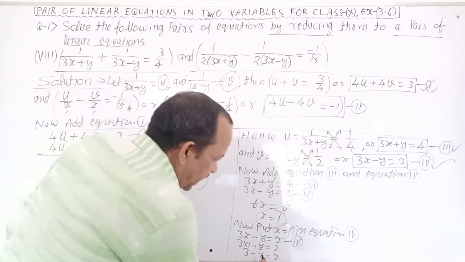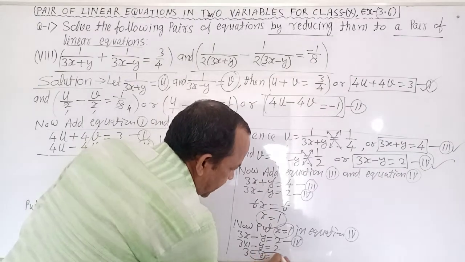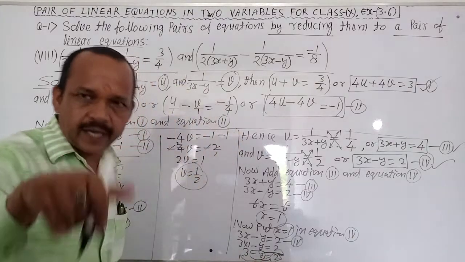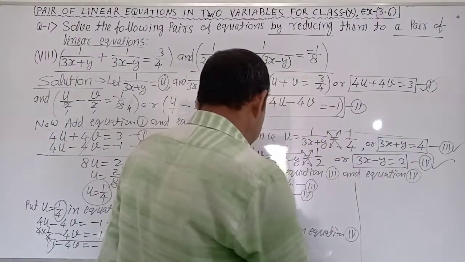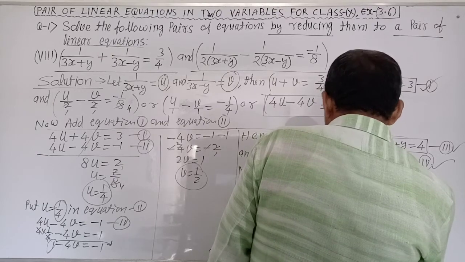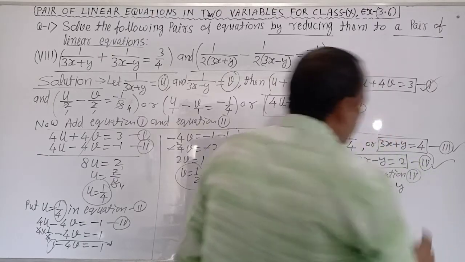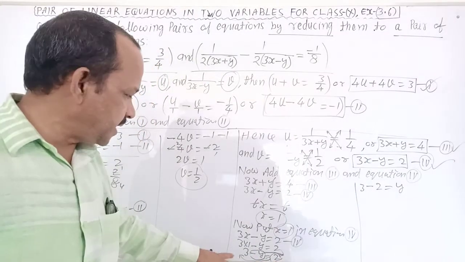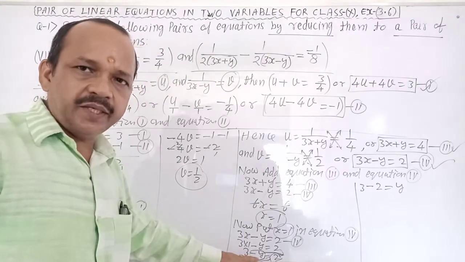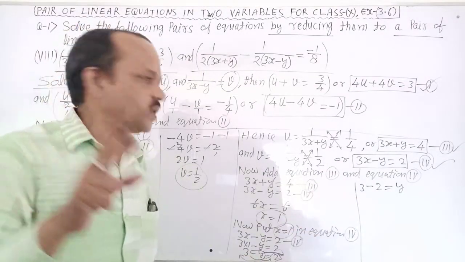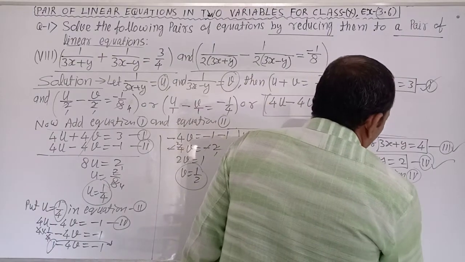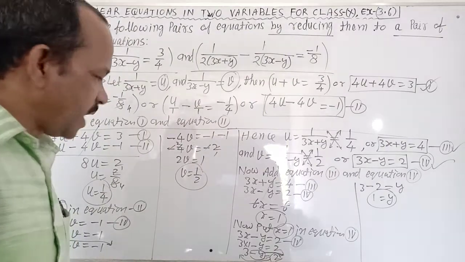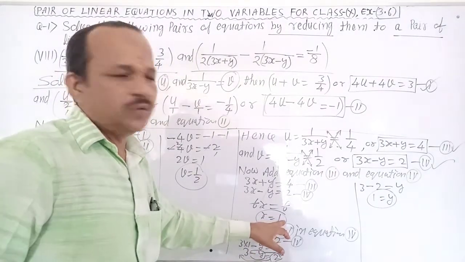Here you write minus y on right side and 2 on left side. It becomes 3 minus 2 equal to y. Here plus 2, when you write it on left side, it becomes minus 2. Here minus y, when you write it on right side, it becomes plus y. 3 minus 2 equal to y, 1 equal to y. You find 1 equal to y. Clear? And x equal to 1.